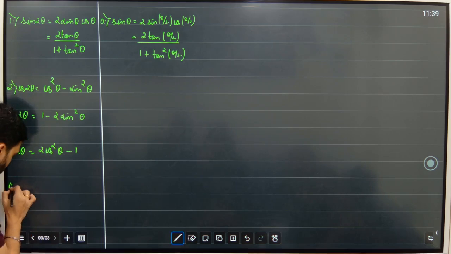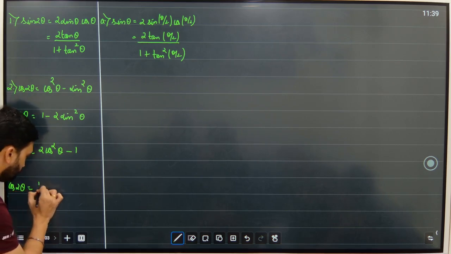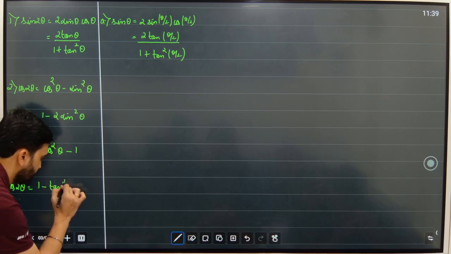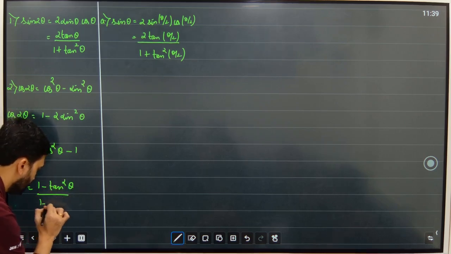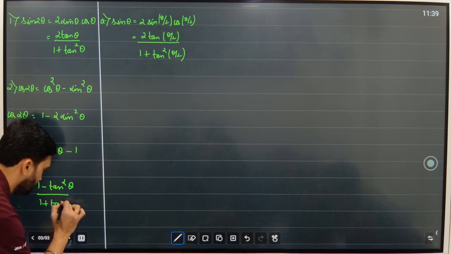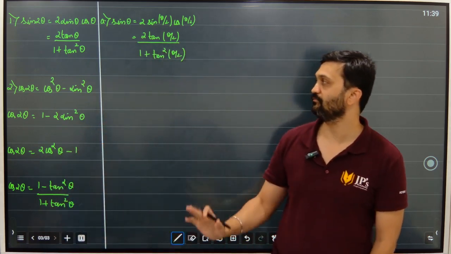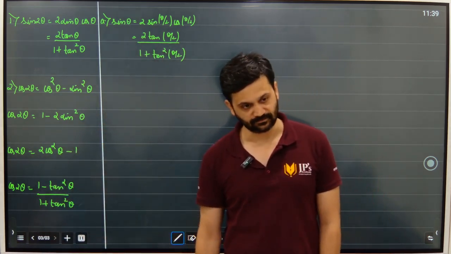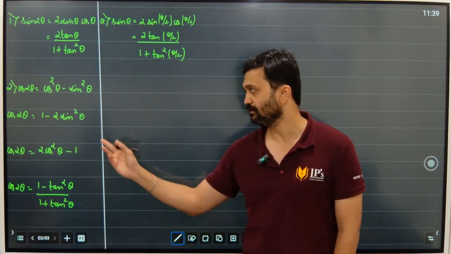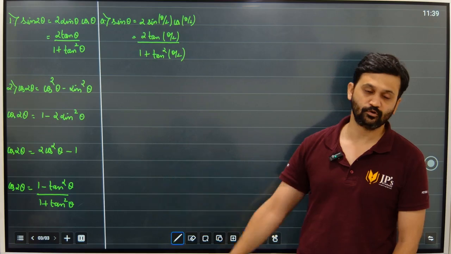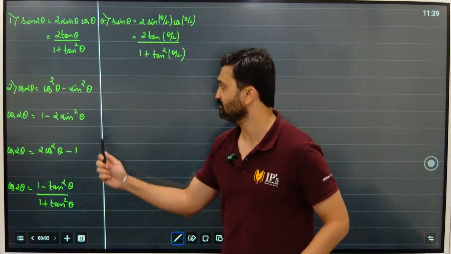And the fourth formula is cos 2 theta is equal to 1 minus tan square theta upon 1 plus tan square theta. Now these are the four formulas that we derived and that we got the answer for. Cos square theta minus sin square theta, 1 minus 2 sin square theta, 2 cos square theta minus 1 and 1 minus tan square theta upon 1 plus tan square theta.